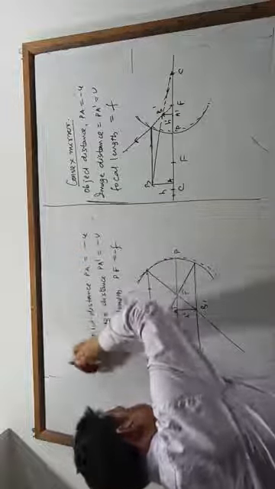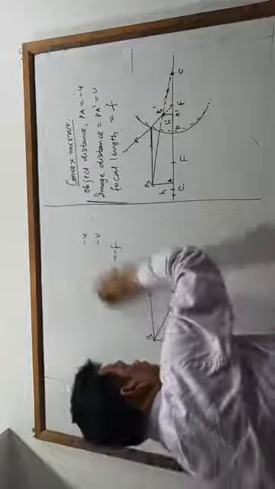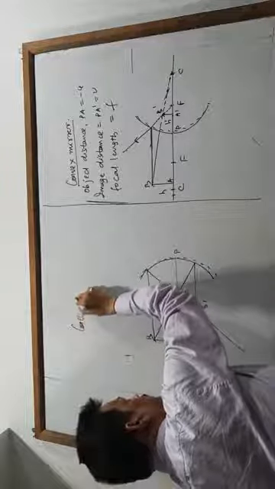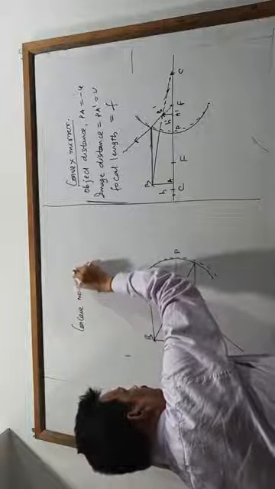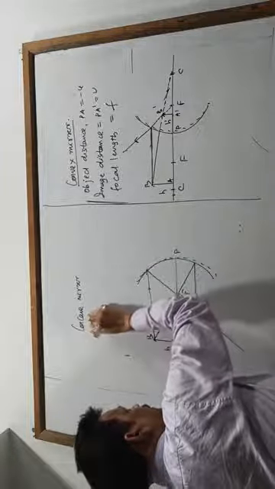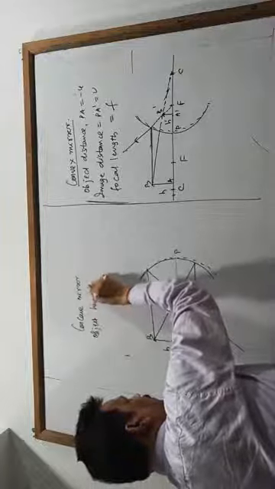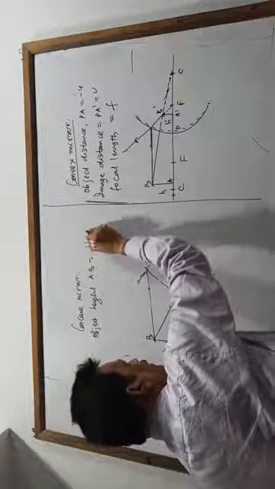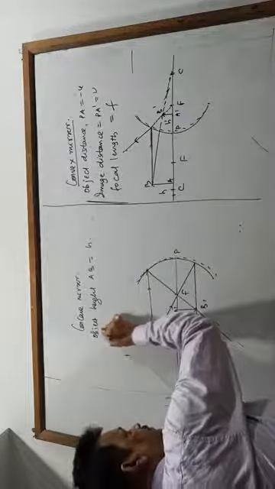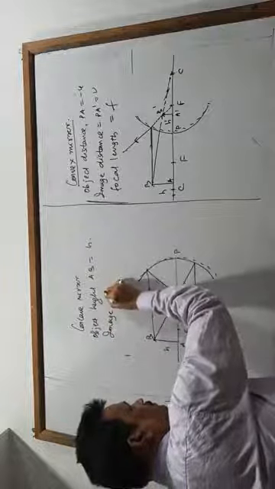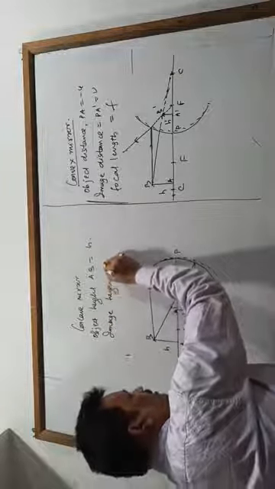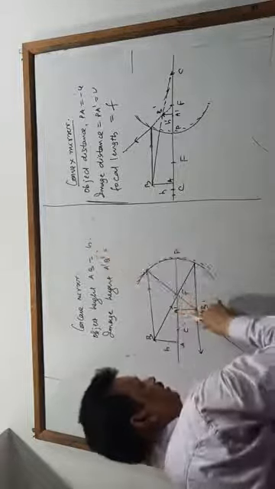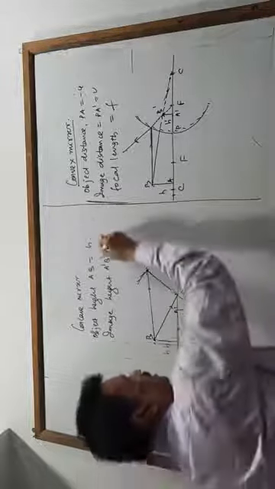Okay, then magnification. For magnification, object height, concave mirror, object height, erect AB, erect, so plus sign. Image height, A dash B dash, so inverted, ulta, so minus H dash.